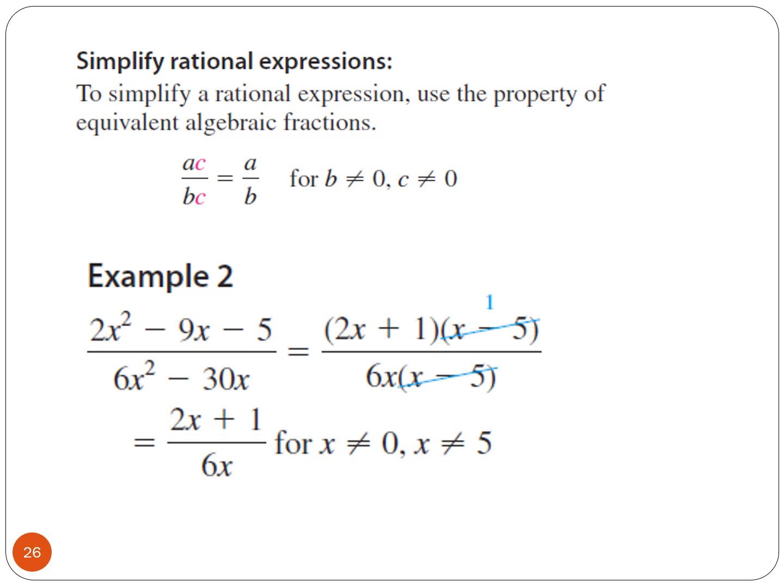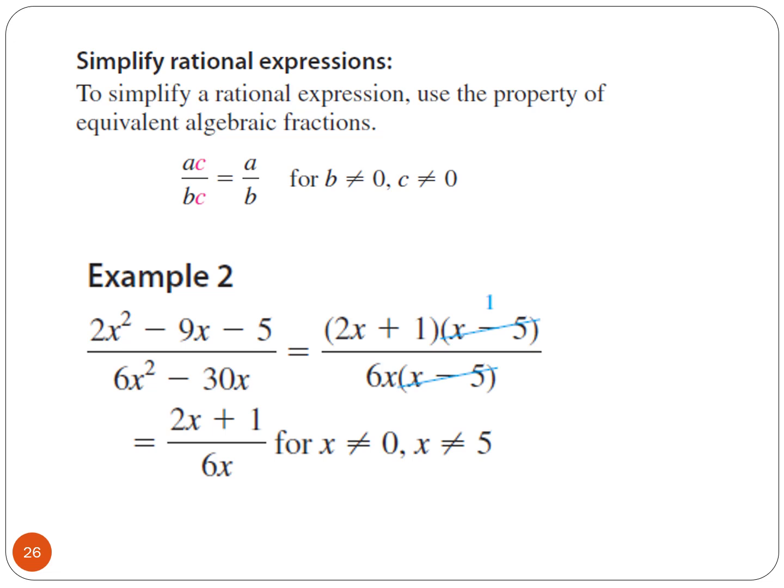And you notice that there is a common factor. x minus 5 is a common factor to the numerator and denominator. So you can cancel that. So you're left now with 2x plus 1 divided by 6x. Now remember that in the original expression, there are two restricted values. x cannot equal 0, and also x cannot equal 5.